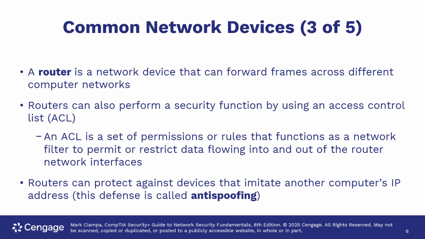Routers can perform security functions by using what's called that access control list that we talked about last time. It's a set of permissions or rules that functions as a network filter to permit or restrict data flowing into and out of that router's network interfaces.